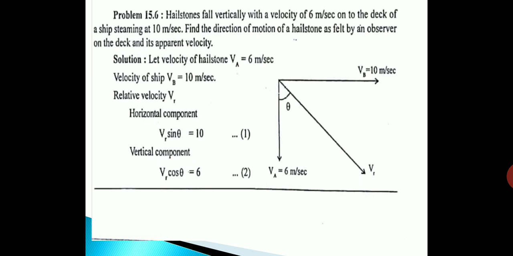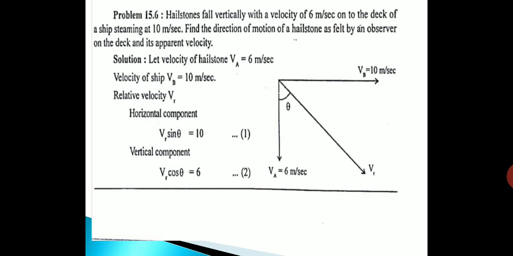As the boat is moving forward, it is represented on the horizontal sea surface, along the x-axis as Vb, which is 10 meters per second. In this case we get a resultant or relative velocity, represented by Vr. So this is the scenario.